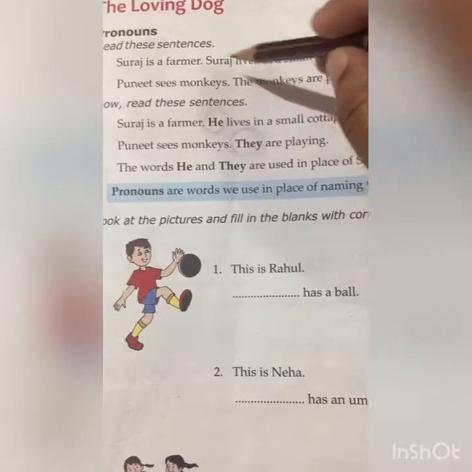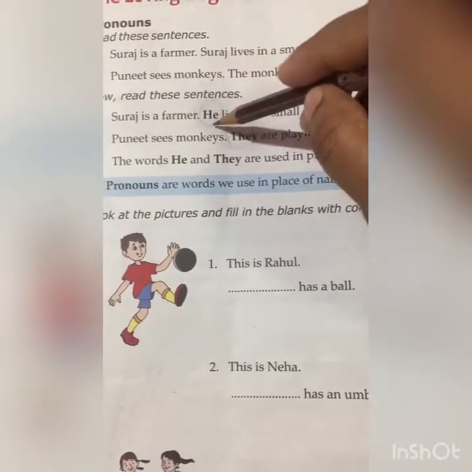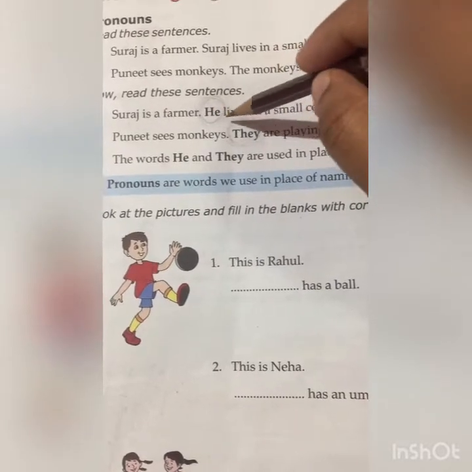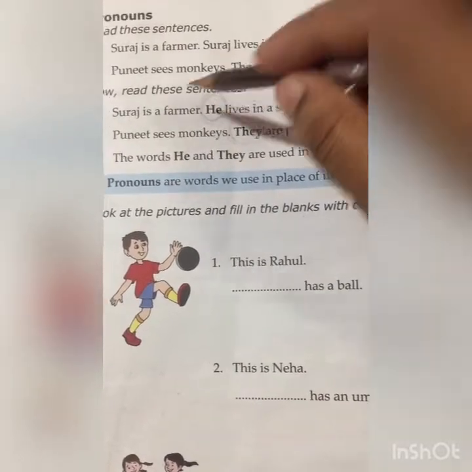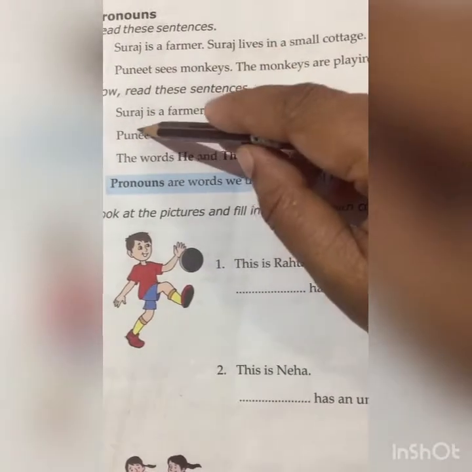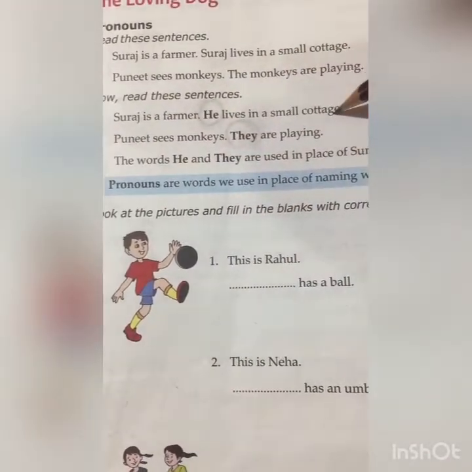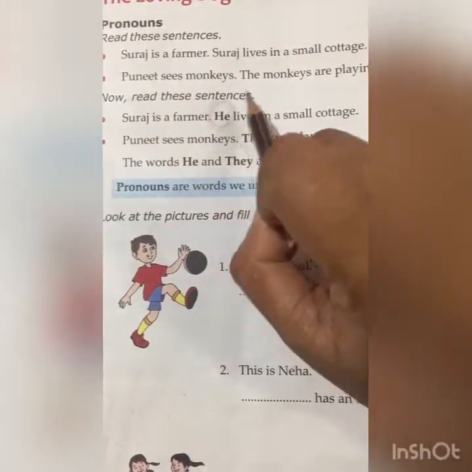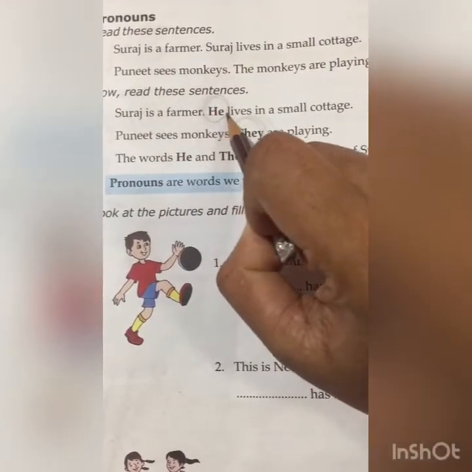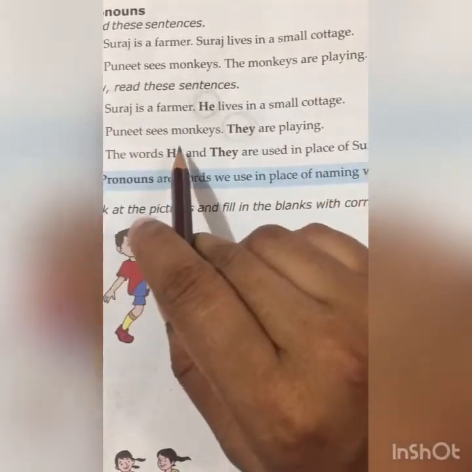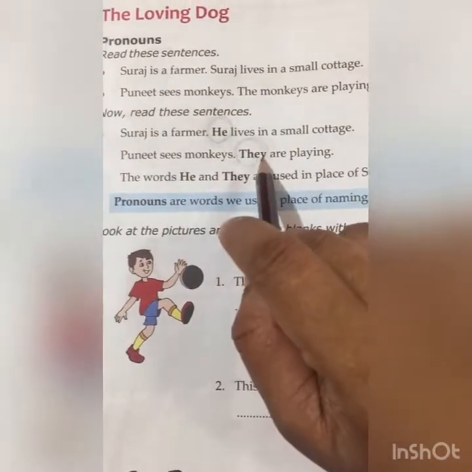In this sentence, instead of Suraj, what have we used? We have used he. He means who? Suraj. Like that, Puneet sees monkeys. They are playing.